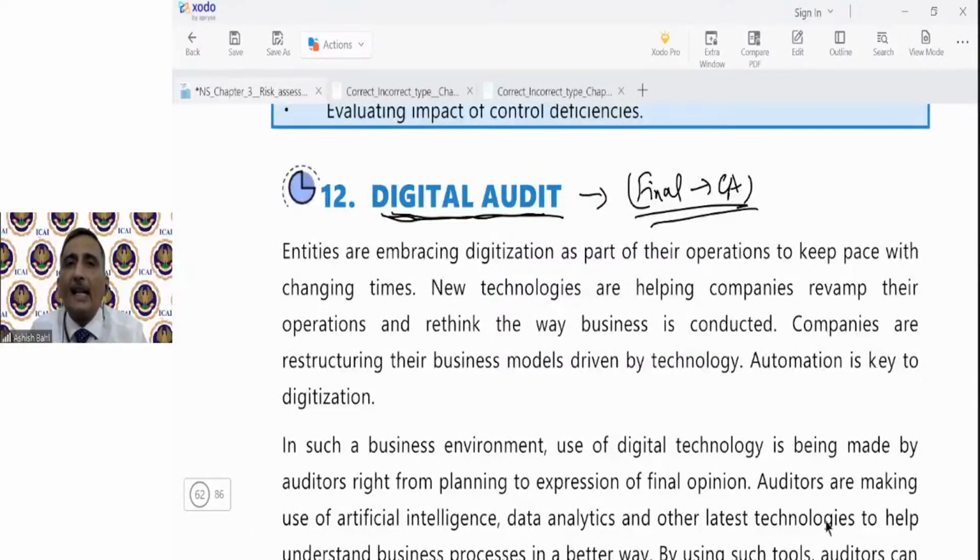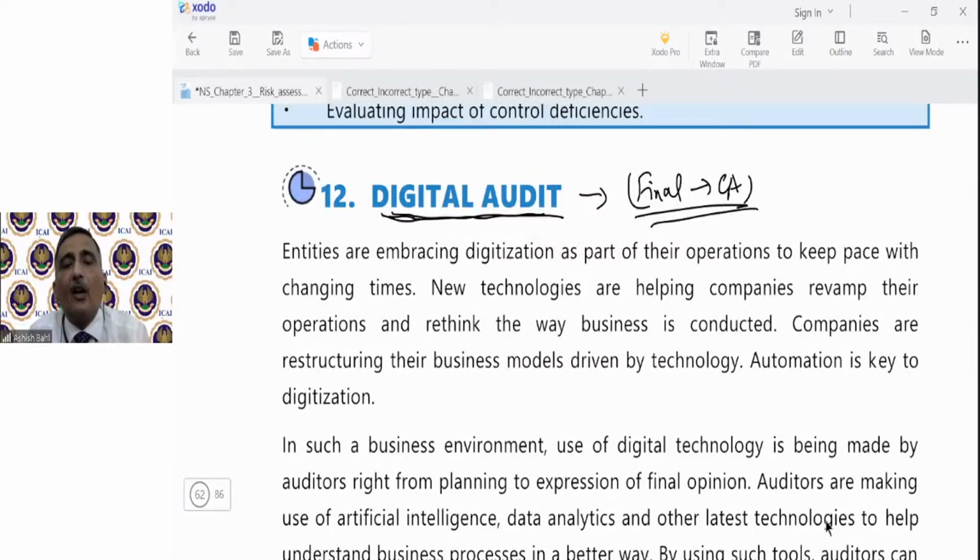So in data analytics, or when the auditor is using CAATs, he is doing all the other processes manually, and he is just using CAATs for the purpose of analysis of data.